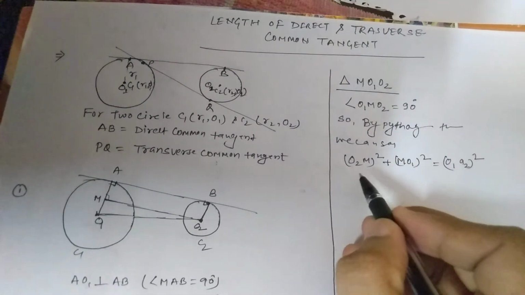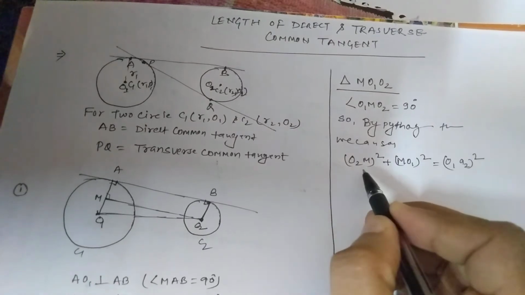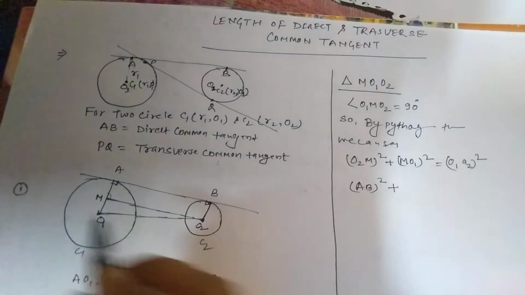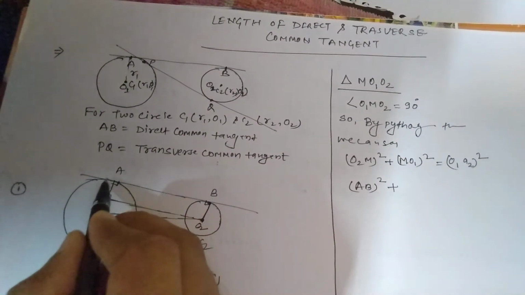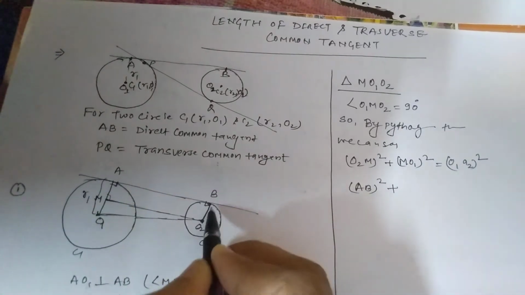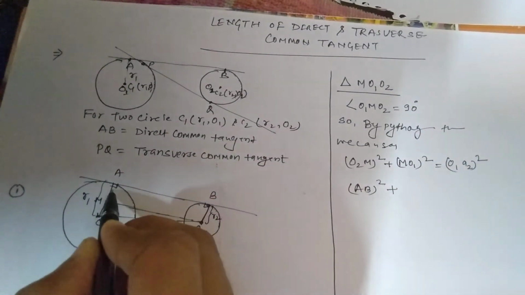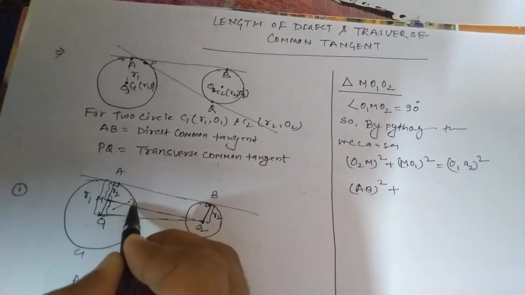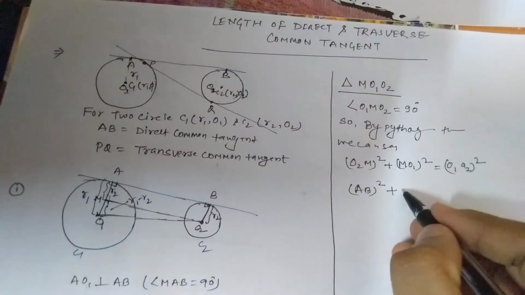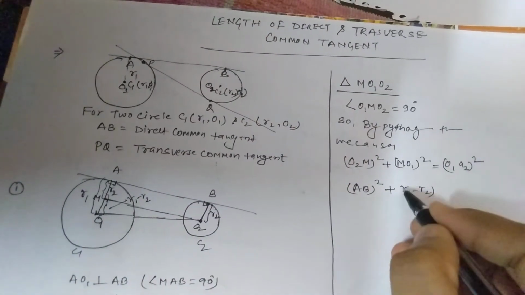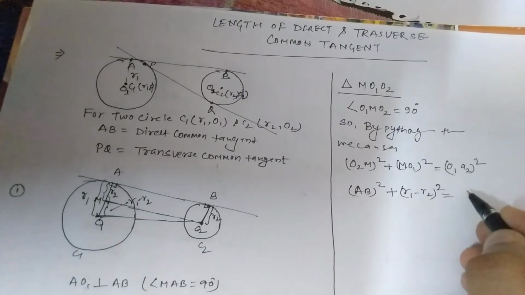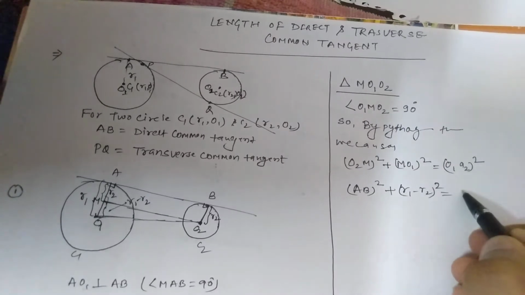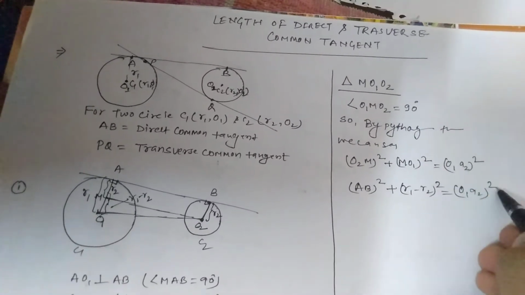Clear? So O2M is what? This length AB, this is AB square, and MO1. What about MO1? This complete length is radius R1 and this is radius R2, and by rectangle property this is also R2. So this length MO1 is equal to R1 minus R2. Right. So this is R1 minus R2 square is equal to O1O2 whole square.